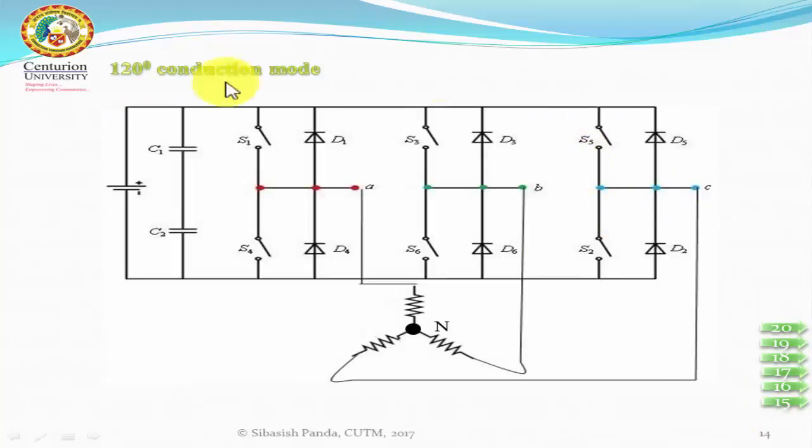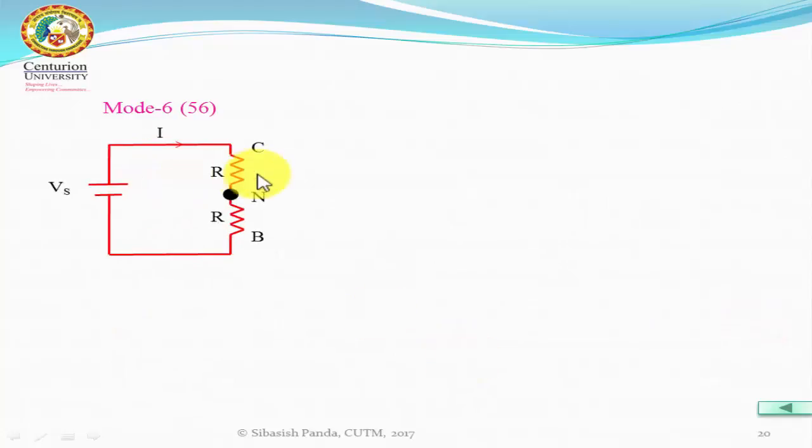So the last mode, 5, 6. With 5, C is connected to positive, and with 6, B is connected to negative. So here CN will be Vs by 2, BN will be minus Vs by 2, and AN will be 0.